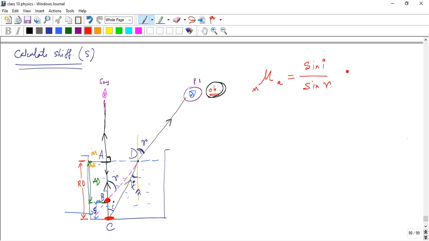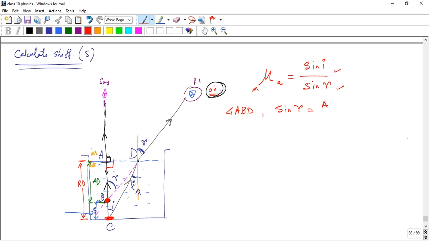Now I calculate what is sine I and sine R. Okay. So first we consider triangle ABD, that is this angle A is 90 degree. So sine R, from trigonometric ratio, is perpendicular by hypotenuse.